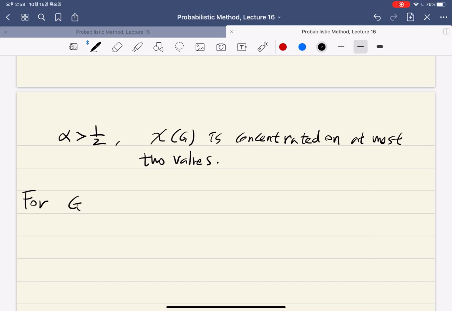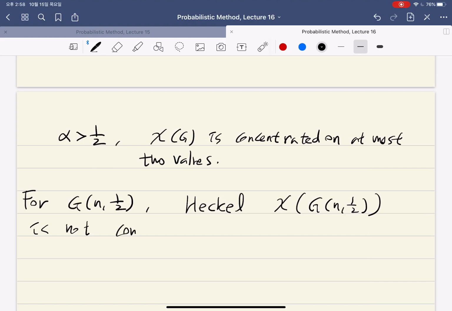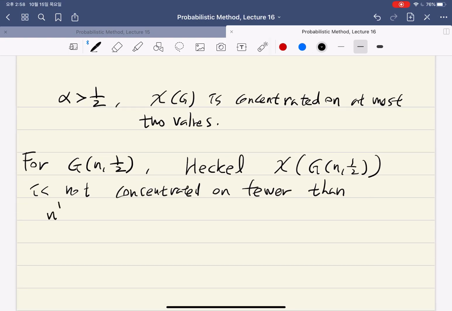But more generally, for not so small p, let's say G(n, 1/2), it was recently proved by Heckel that the chromatic number of G(n, 1/2) is not concentrated on fewer than n to the quarter minus o(1) consecutive integers.